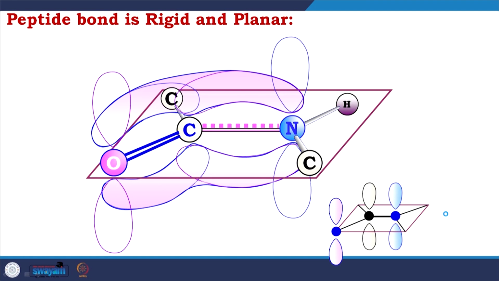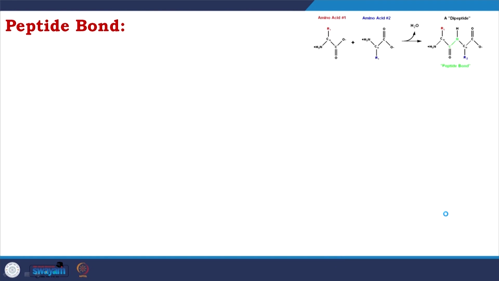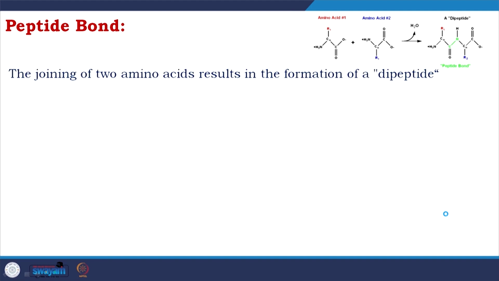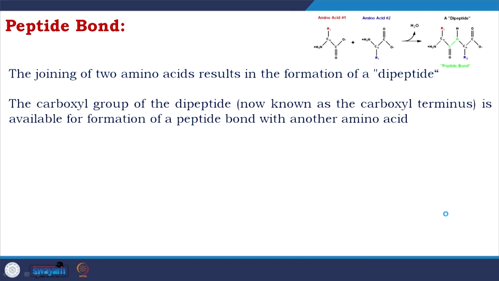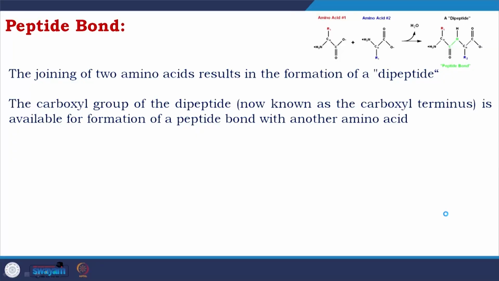So, we will talk about the peptide bond, where you see the amino acid 1 and 2 join and they form the dipeptide. The joining of two amino acids results in the formation of a dipeptide. The carboxyl end of the dipeptide is now known as the carboxy terminus, because at the starting site it is the N terminus and when elongated, the new site is a C terminus; there is a carbon available for the formation of a peptide bond with another amino acid.